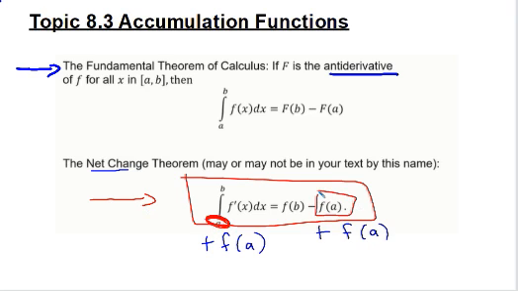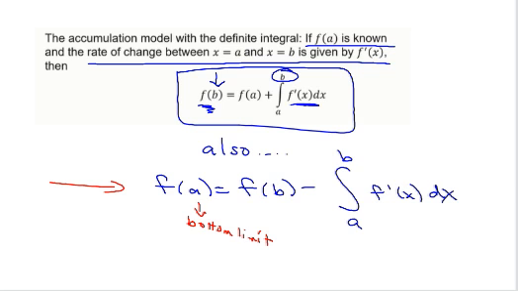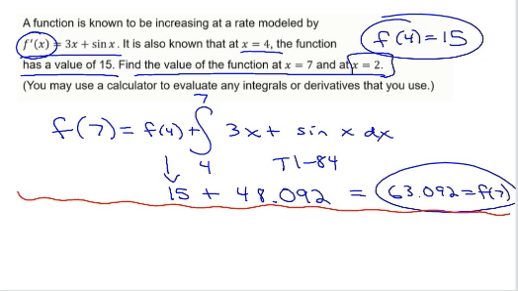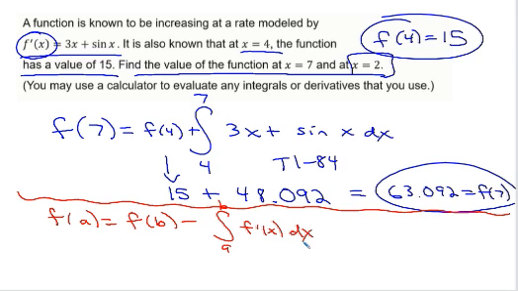If I do my algebra to get f of a by itself, then I have that f of a equals f of b minus the integral from a to b of f prime of x. I've already showed you how we can do that algebraically.